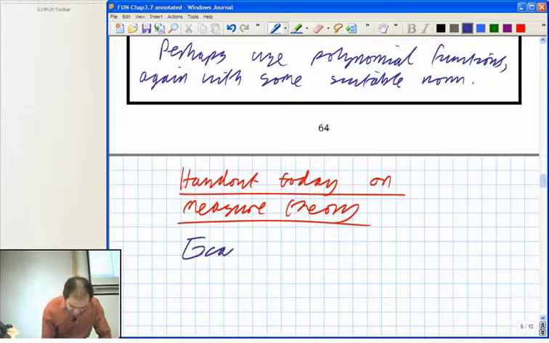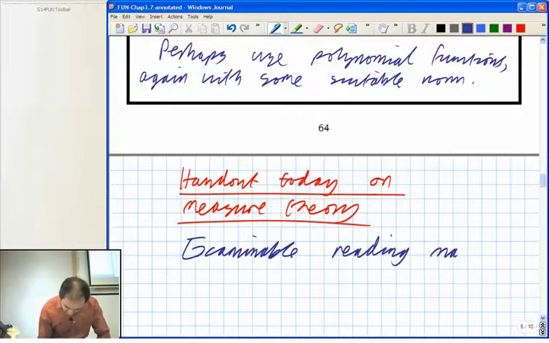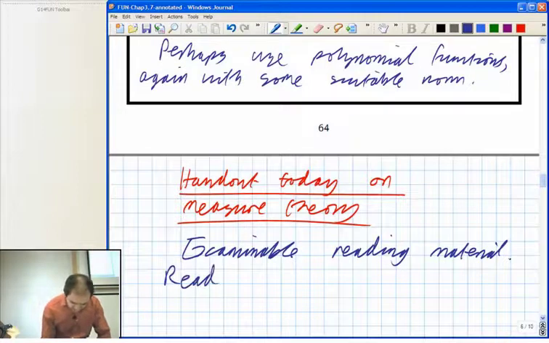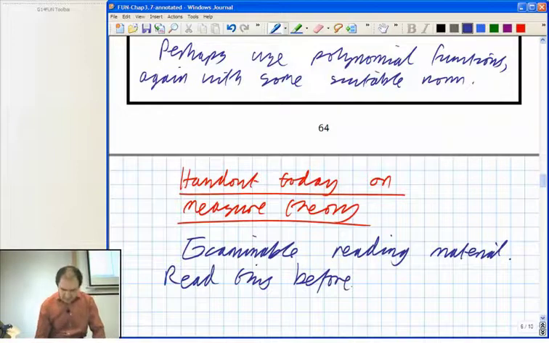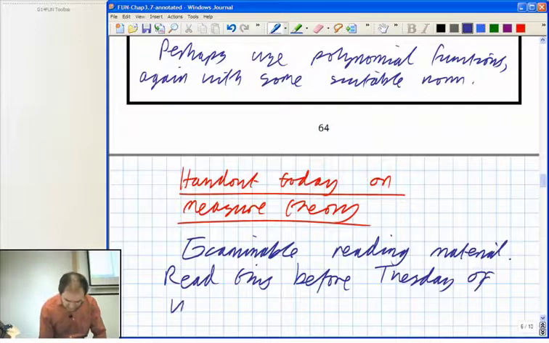It's examinable reading material. So you have to read this before the last Tuesday of term. That's before the Tuesday of week 10 of teaching.